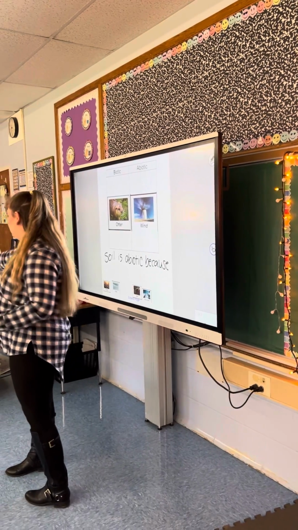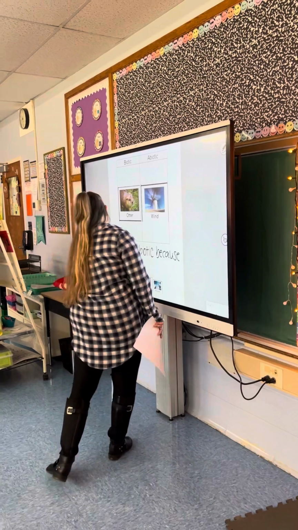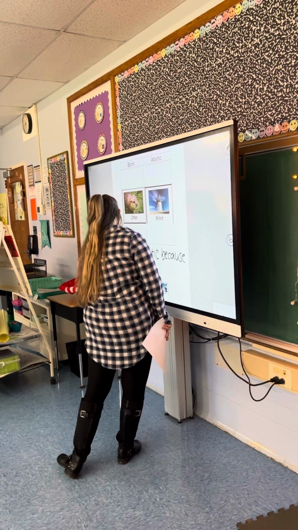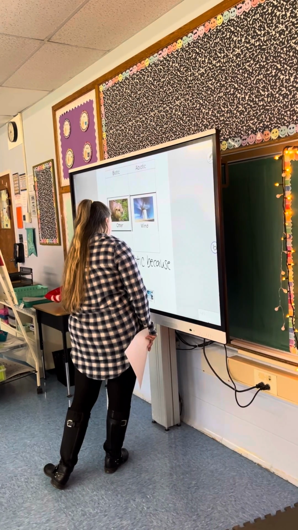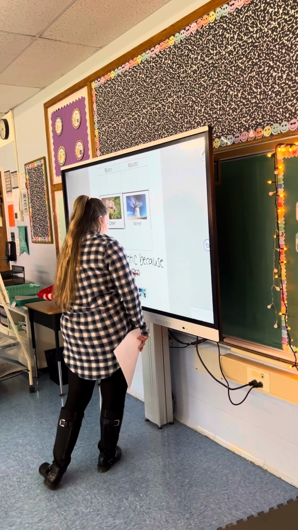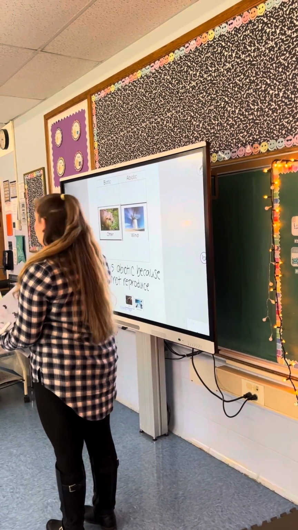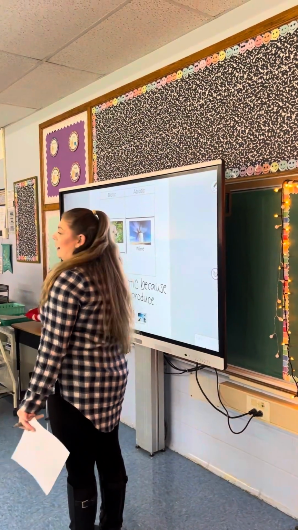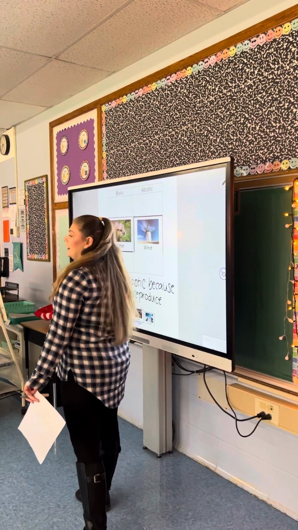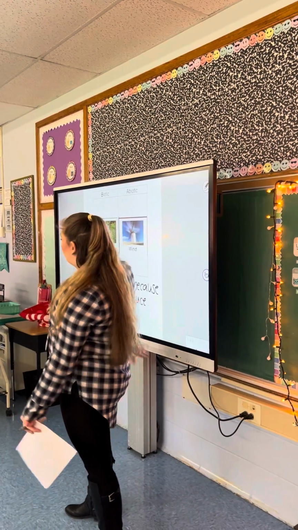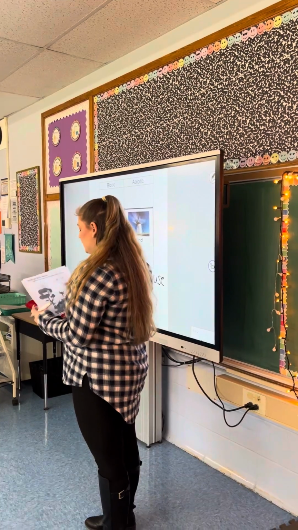Because it cannot get rid of waste. It cannot reproduce. So, because it cannot reproduce. Now, if you're writing about a biotic thing, you're going to write an otter is biotic because it grows and develops. So you have the choice.